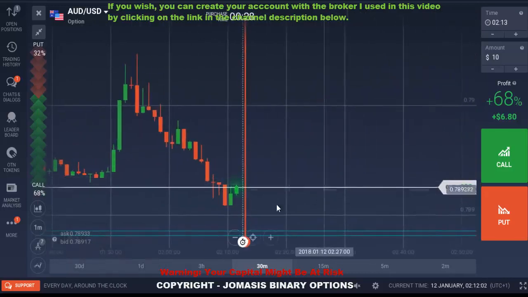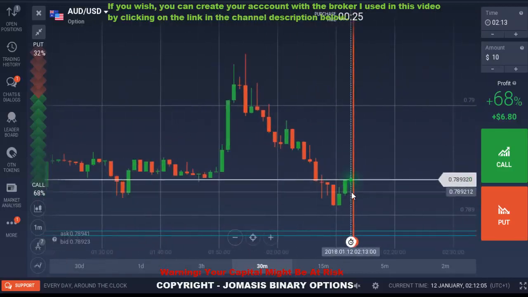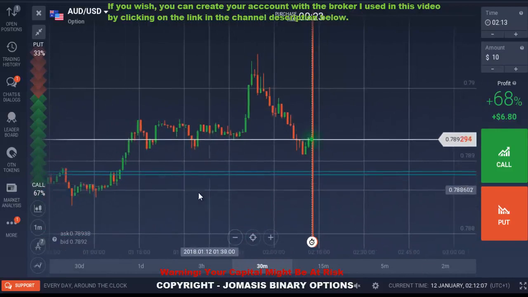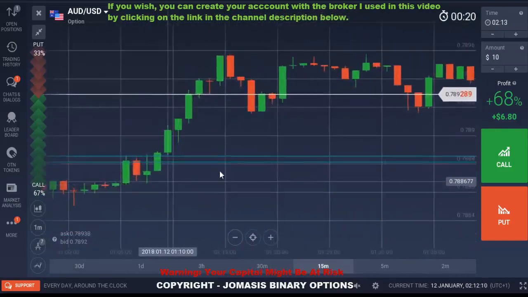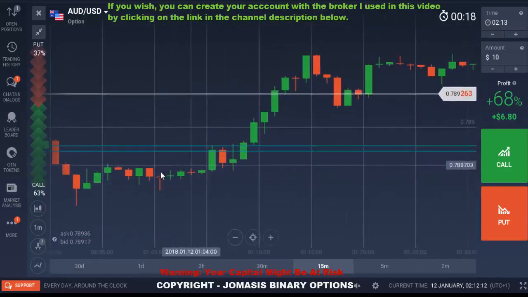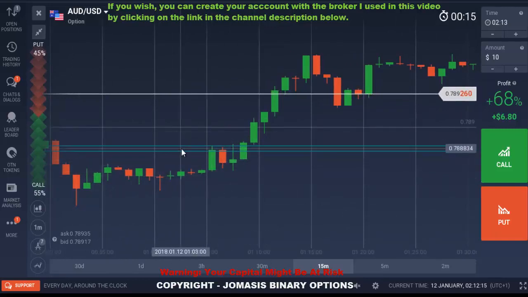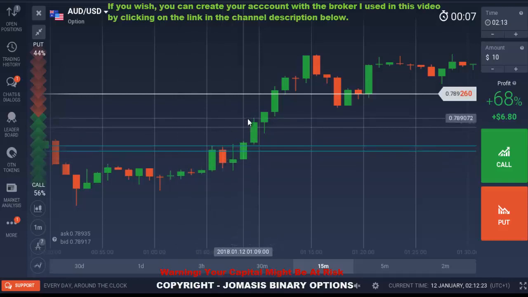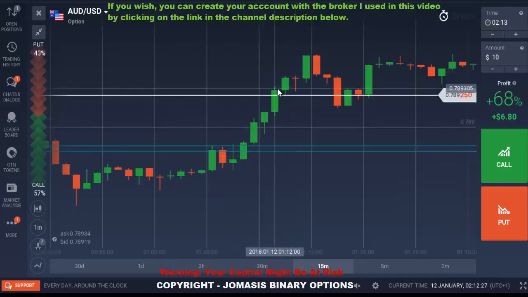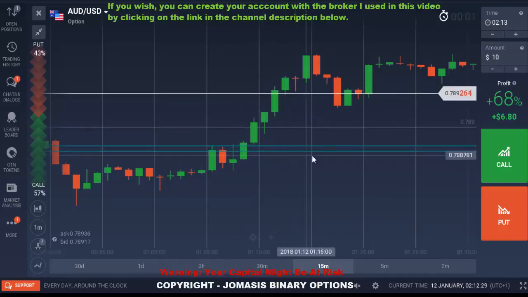Okay, let's go back. Now this is a live market. As you can see, the market was here and this is our resistance area because it is above the market. Now when the market broke it through and the line is below the market level, it will now be support.